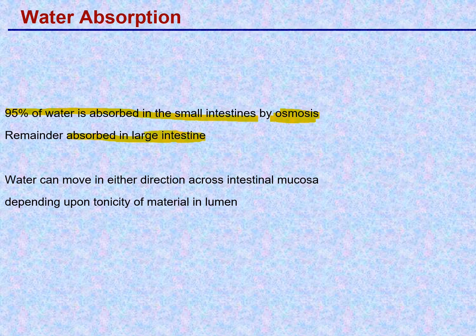It's important to understand that water can actually move either way. It could also move in. If you have a high electrolyte level in your gut, it could move across from your tissues into the space of the intestine if there's a hypertonic solution in your intestine.